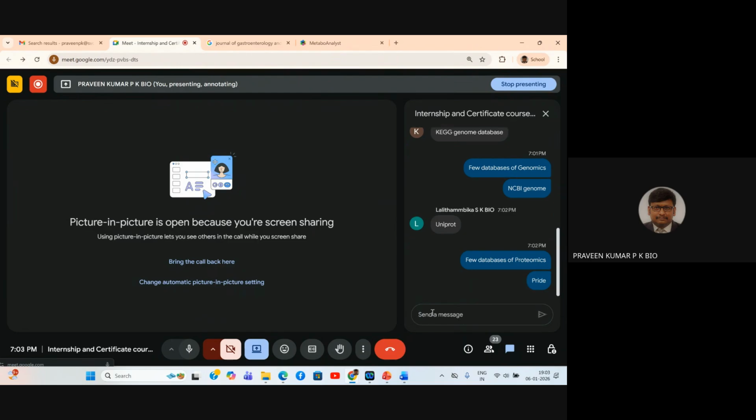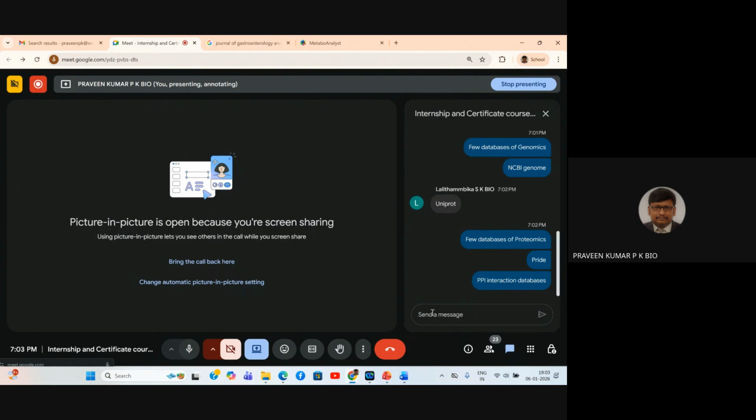I've shown you something called PRIDE from EBI. The proteome database from UniProt is from the UK. Other than that, we have seen so many PPI interaction databases, which fall under proteomics.